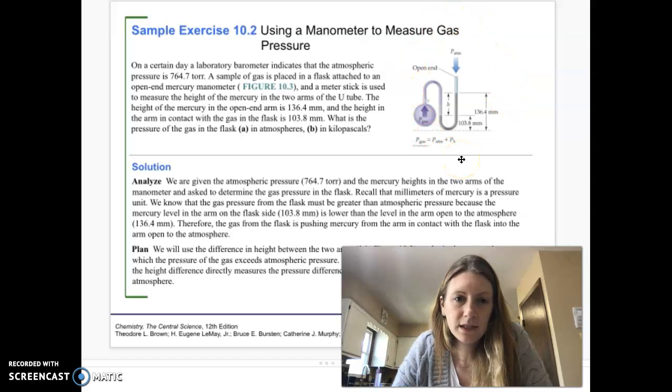And a meter stick is used to measure the height of the mercury in the 2 arms of the U-tube. The height of the mercury in the open-end arm is 136.4 millimeters, and the height in the arm.